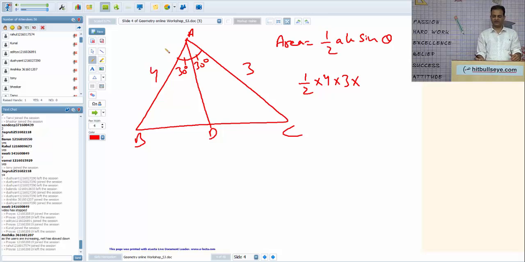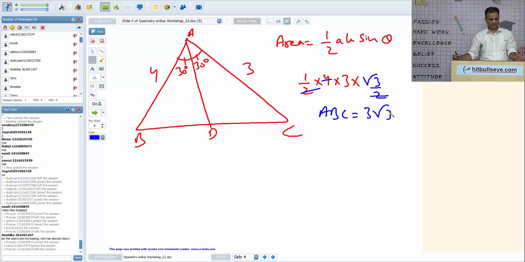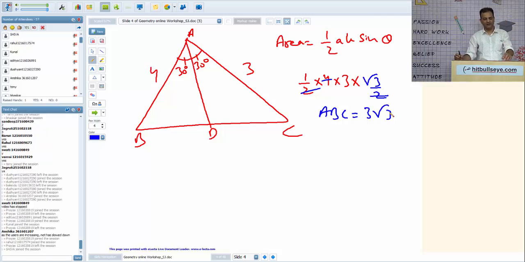What is sine 60, friend? Root 3 by 2. So the area of triangle ABC will be 3 root 3. Is it clear to everyone? The area of triangle ABC is half into the product of two sides into sine of the included angle. This is the starting point of various questions, friends.